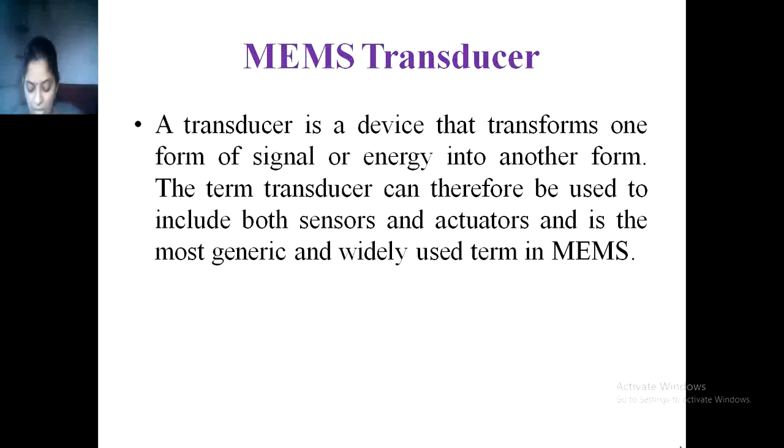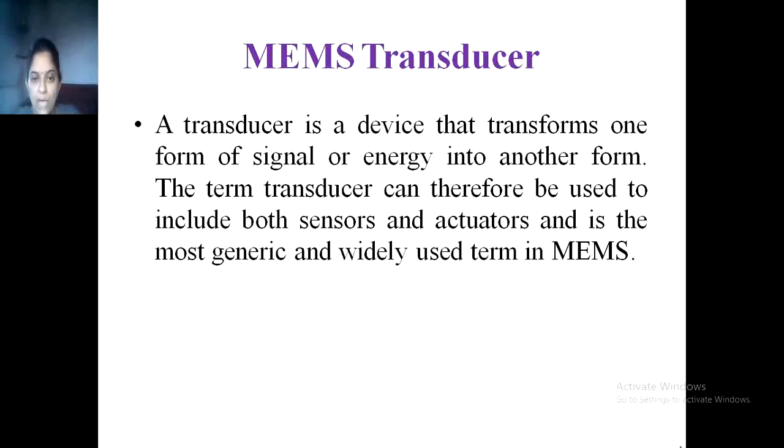Then the most important parts in MEMS are MEMS transducers, MEMS sensors and MEMS actuators. First we are going to see what the MEMS transducer does in a MEMS device or system.